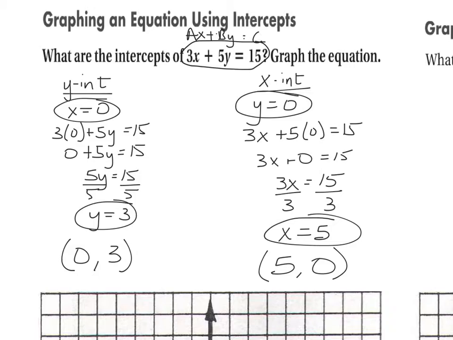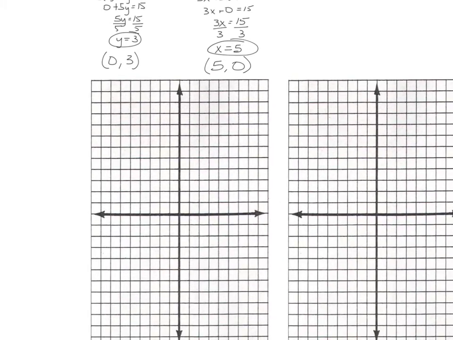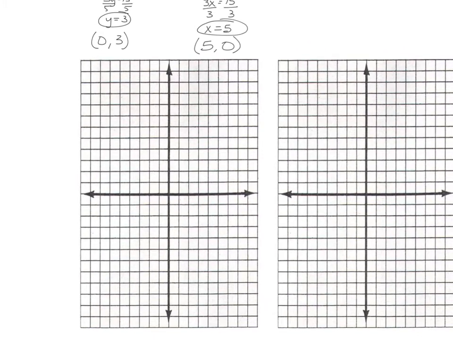Now I'm going to take these two ordered pairs that I just found and put them on my graph. I've got the ordered pairs (5, 0) and (0, 3). (0, 3) tells me I'm going to go right or left 0, and go up 3 units, and put a dot. (5, 0) tells me I'm going to go right 5 units and up or down 0 and put a dot.